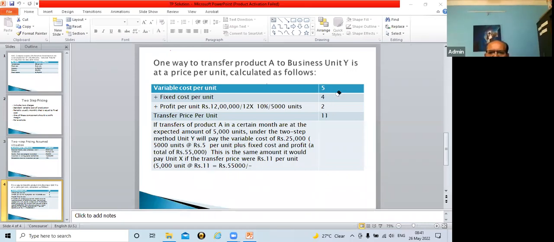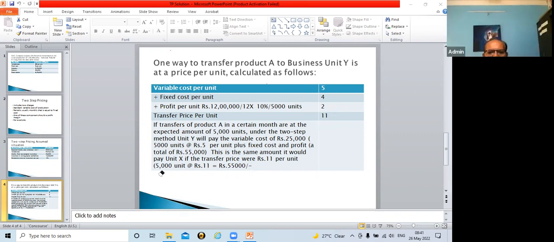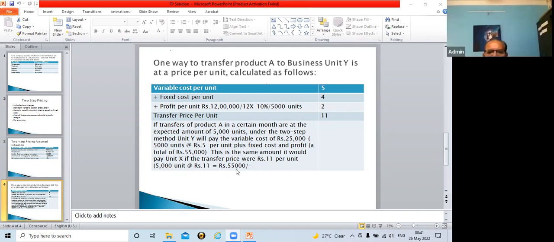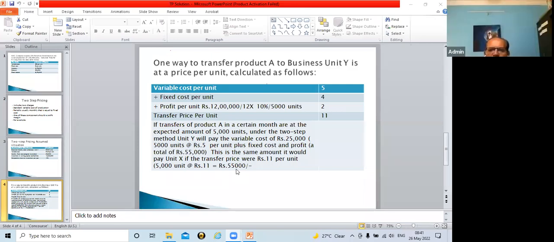We worked out 11 rupees per unit, the rate. Hello? Yes, sir. It is 11, right? So 11 multiplied by 5,000. How much did we get? 55,000. So this way we have given the solution for this transfer price.